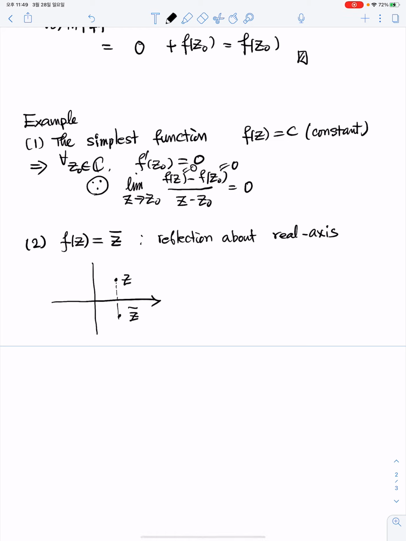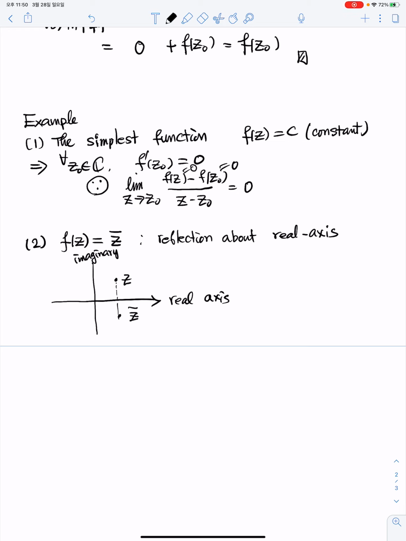Okay, this is the real axis, and this is the imaginary axis. Okay, the reflection function. So whether the reflection function is differentiable or not.